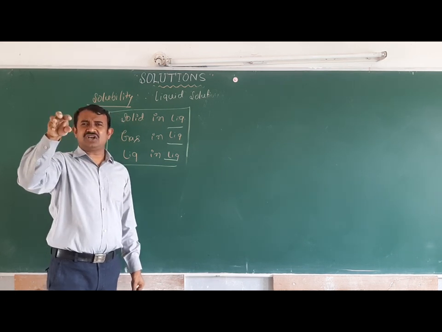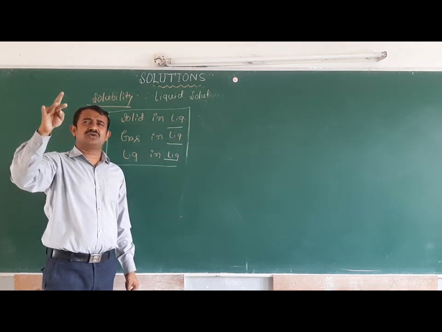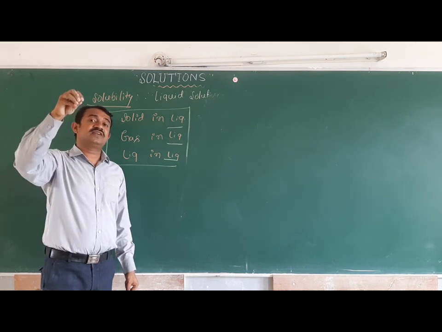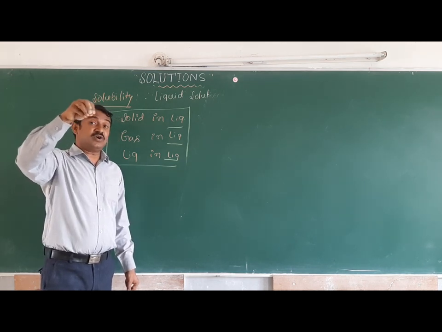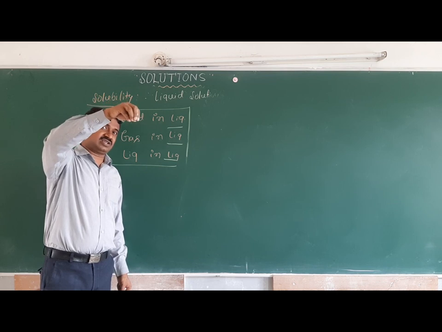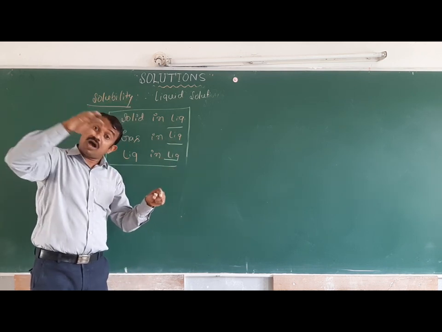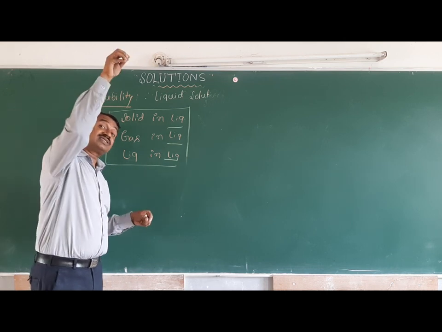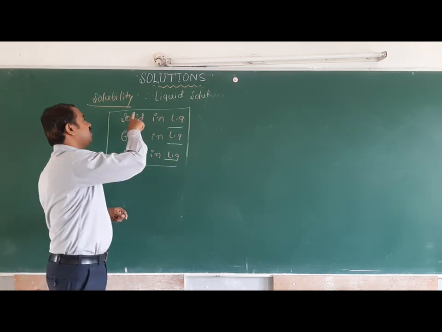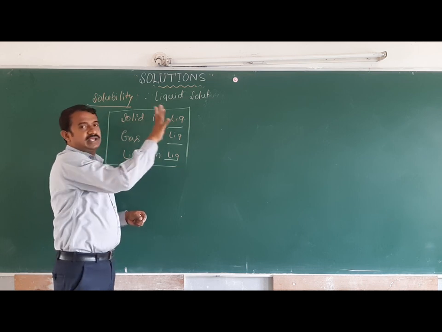Inorganic salts like ammonium chloride and sodium chloride are freely soluble in water. An inorganic salt is not soluble in organic solvent, and an organic compound is not soluble in water; it is soluble in organic solvent. That is very important. Solid in liquid.